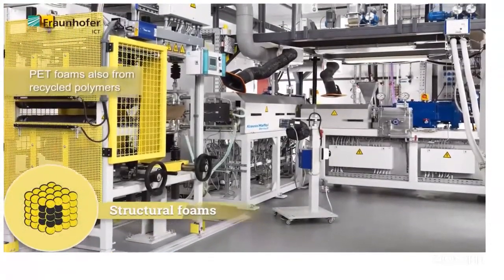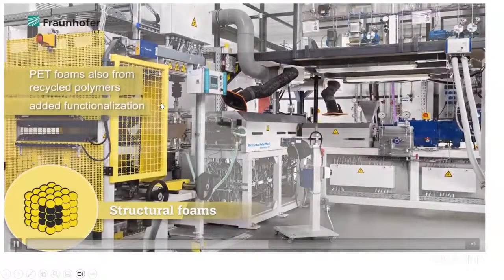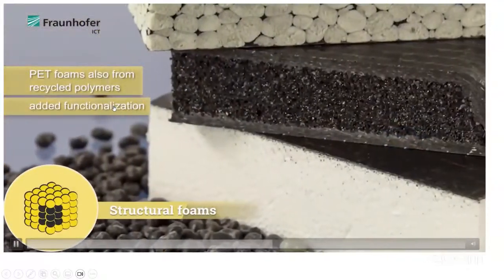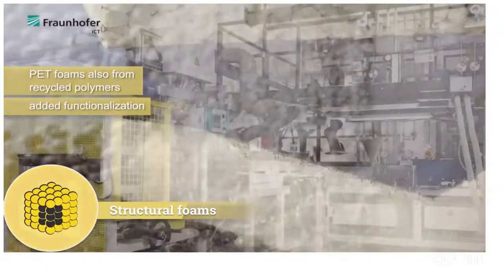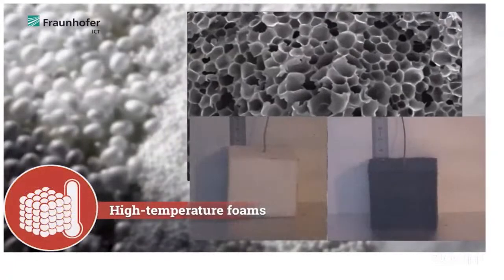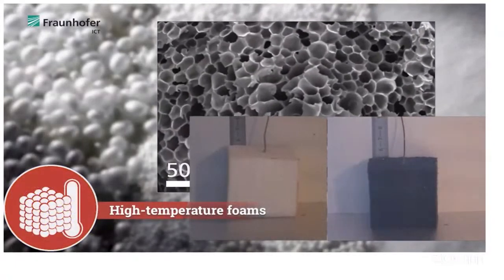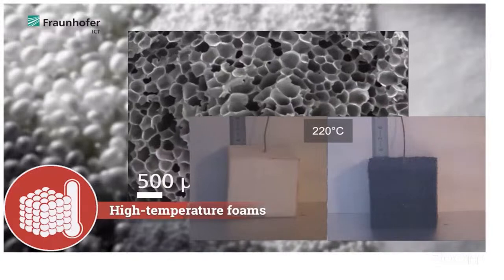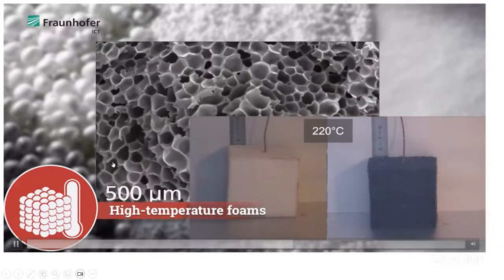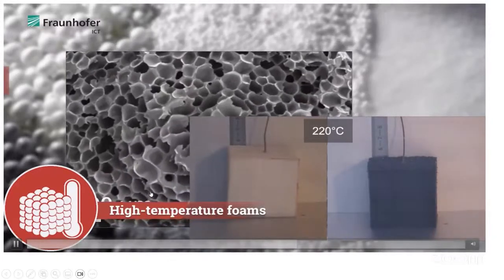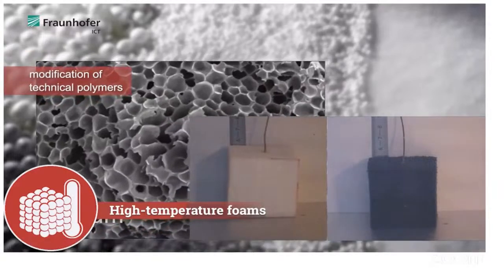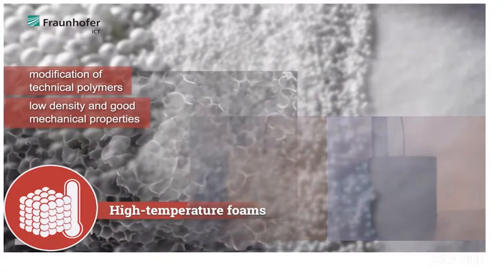There are structural foams also, PET foams also from recycled polymers, structural foams, high temperature foams. There are different types of foams actually. See the size here, micron, 500. Modification of technical polymers.